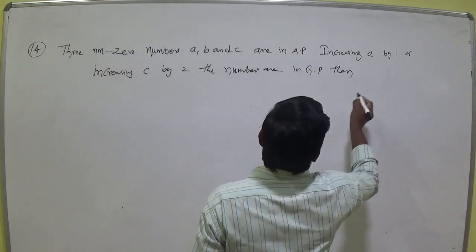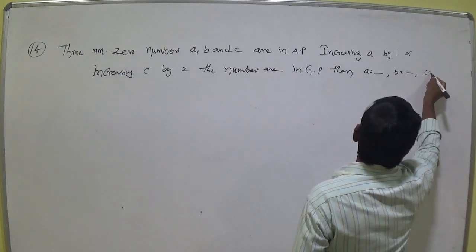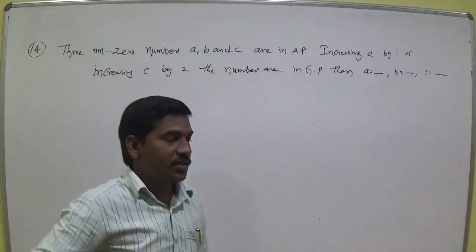Then a equal to dash, b equal to dash and c equal to dash. What are the values of a, b, c?